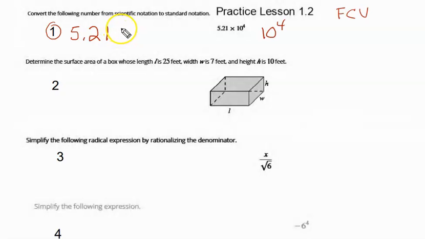So I have to add 2 zeros. And now I move from where the decimal place is over 4 places. And then that is the number in standard notation. In fact, let's just clean it up here a little bit. It takes time to do these things here.